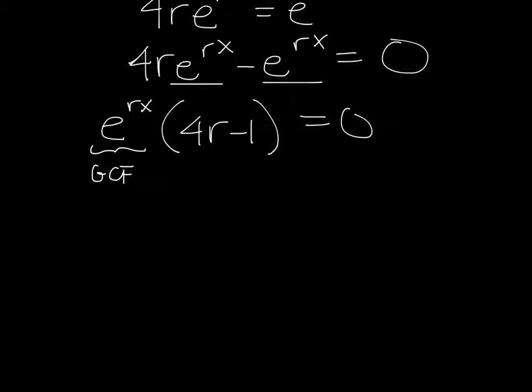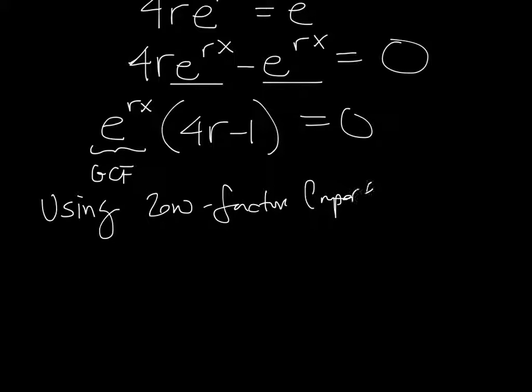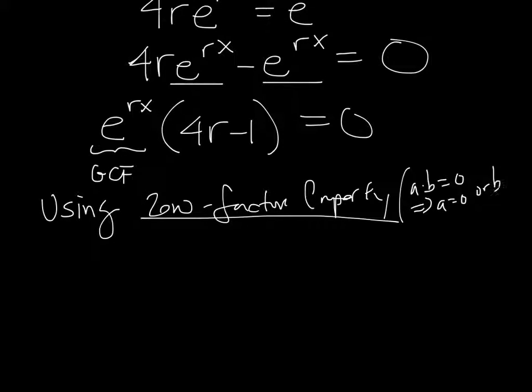So using the zero factor property, a property in college algebra you've seen, it basically says if a times b is 0, then a is 0 or b is 0, or both of them are 0.